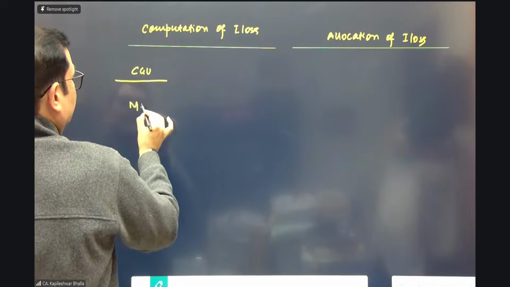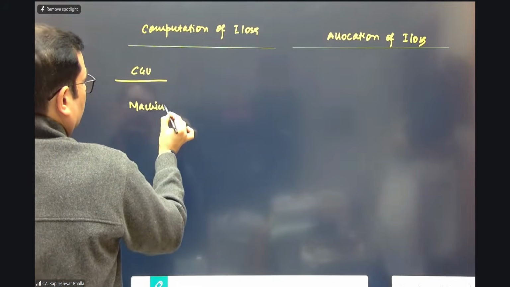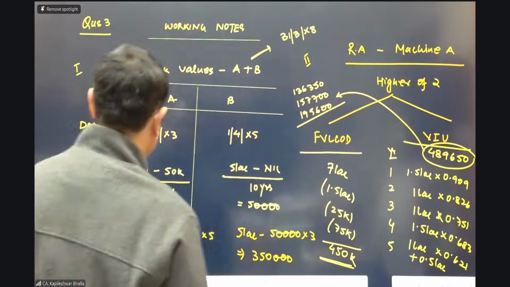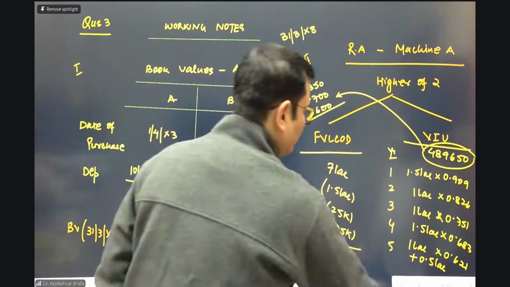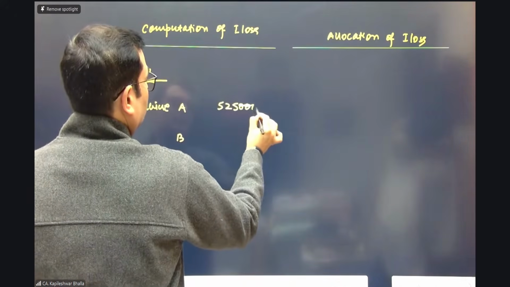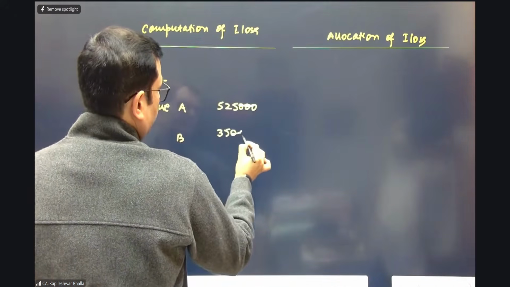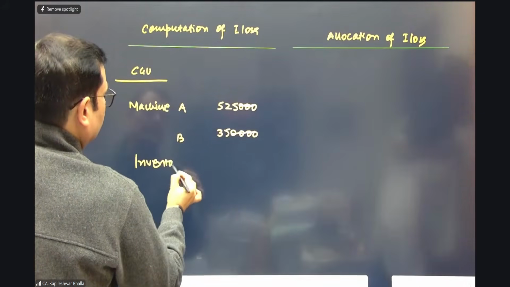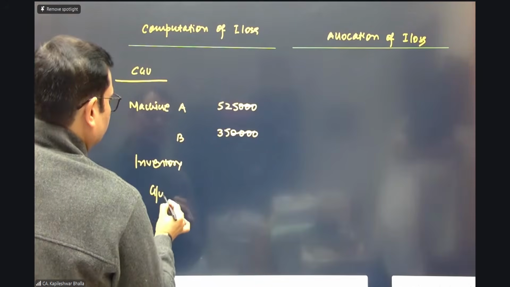Let's organize the book values. The book value of machine A is 525, the book value of machine B is 350. Then there is inventory, and then there is goodwill.